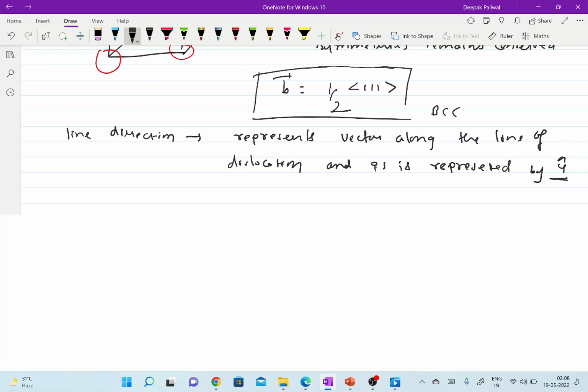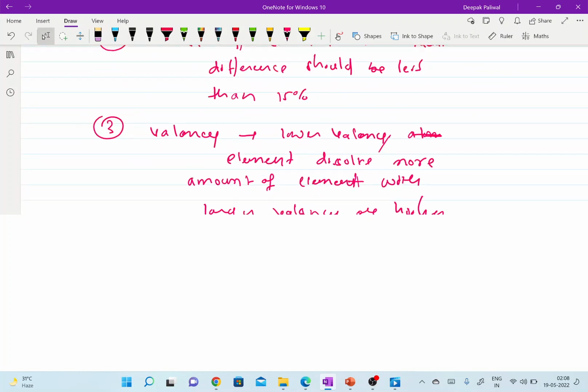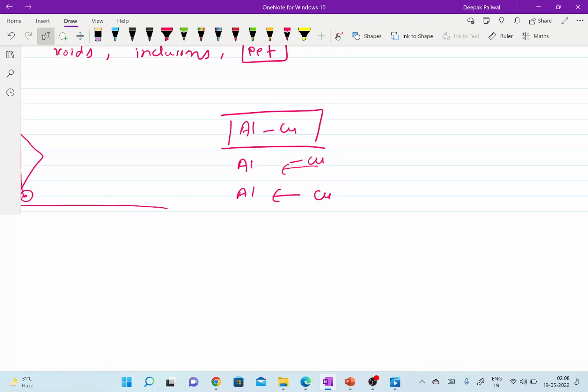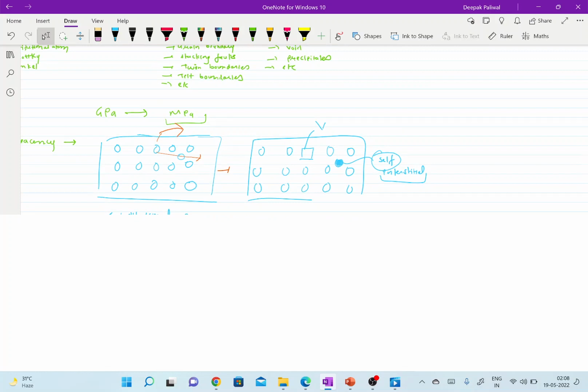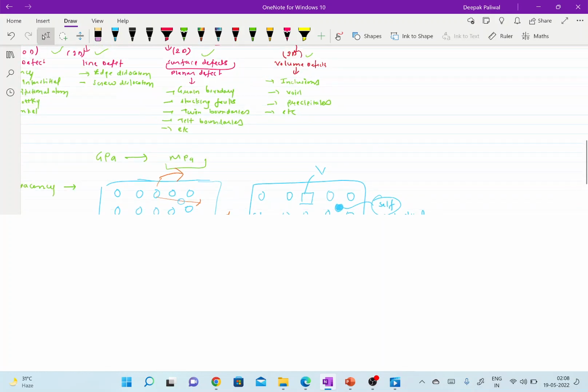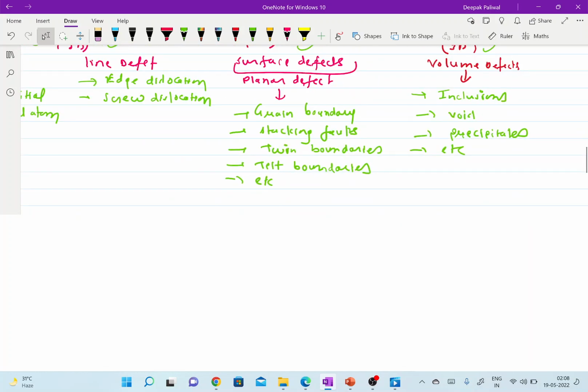So in this lecture we have learned various crystal defects. First we understood the reason behind the theoretical strength being in the order of GPa, but the practical strength being in the order of MPa.